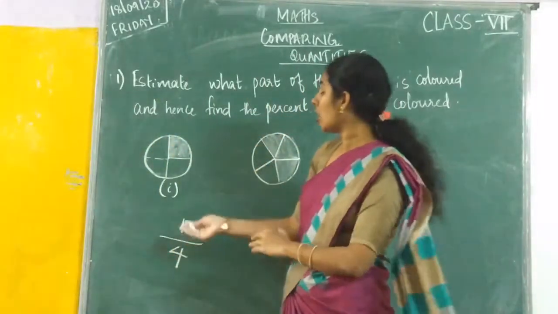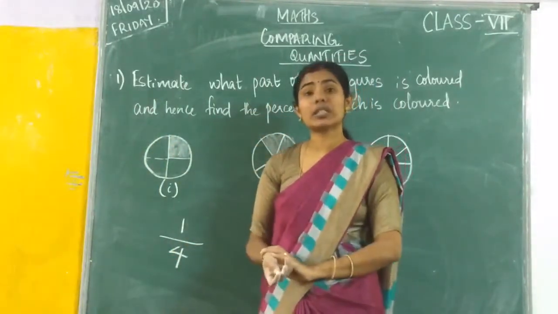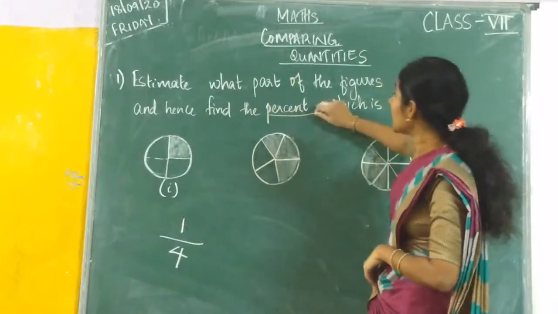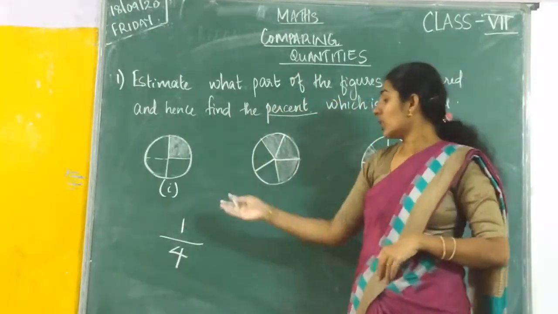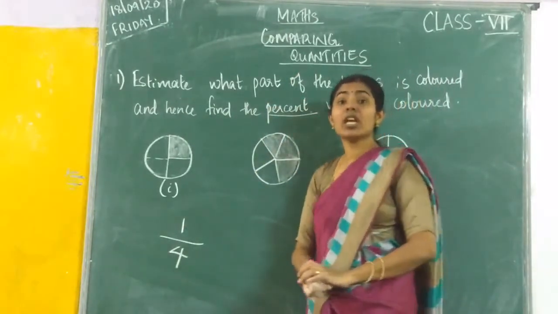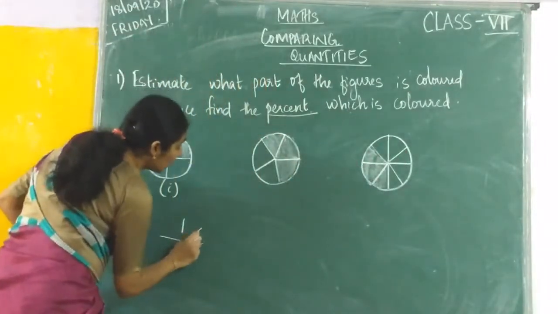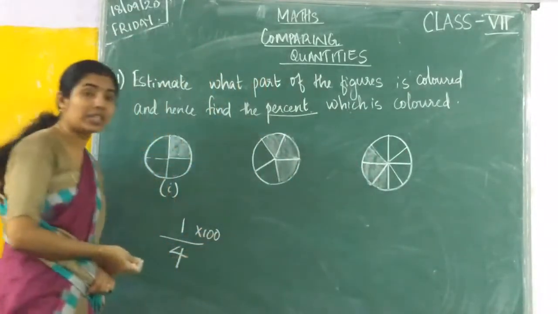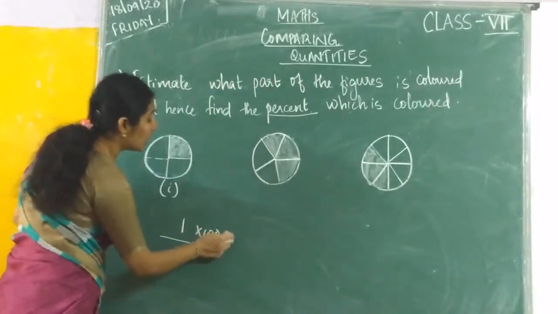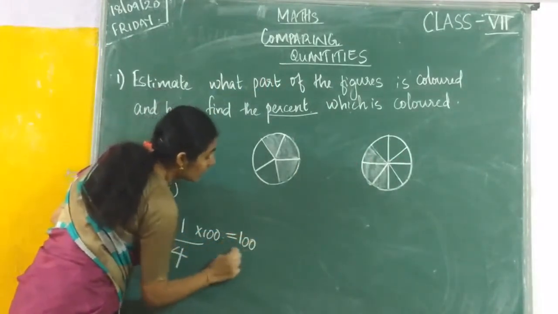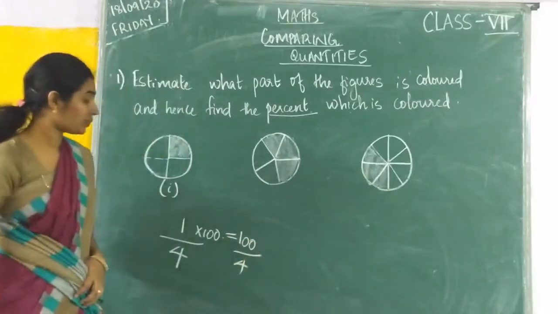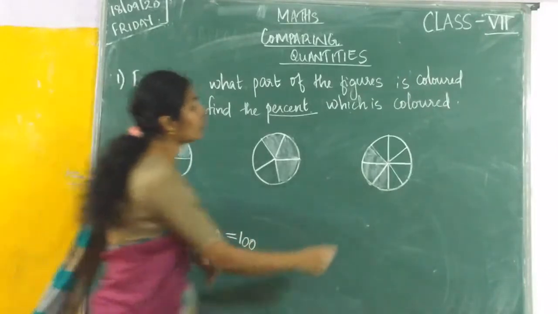We are studying how to convert fraction into percentage, and we need percentage, isn't it? So here you are getting one fraction. How to convert it into percentage? Multiply it by 100. 1 multiplied by 100 is 100. 100 divided by 4, what is it?